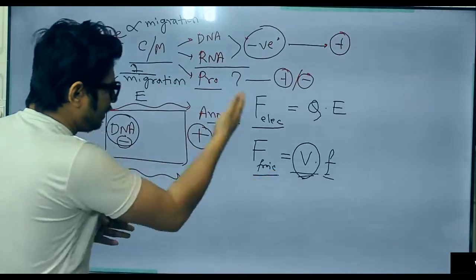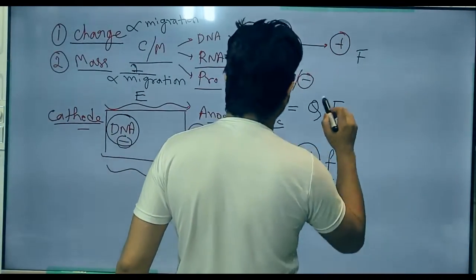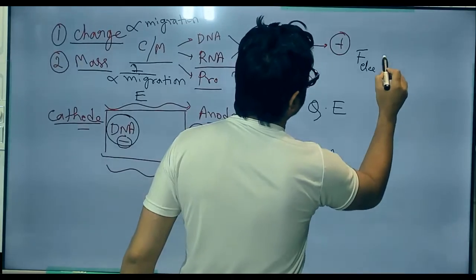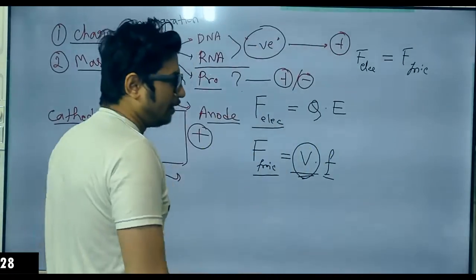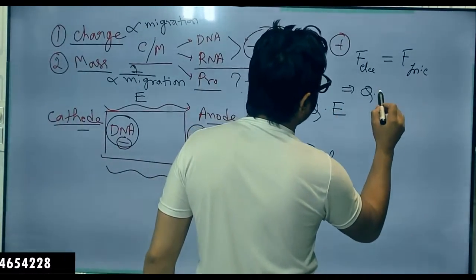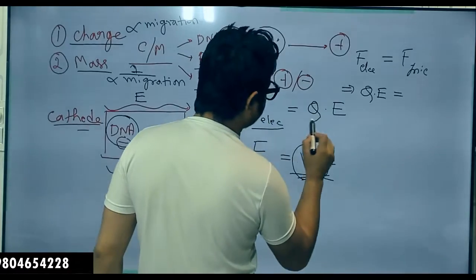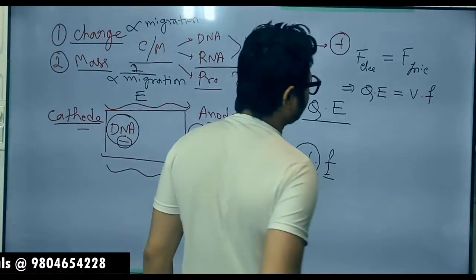So if we make them equal, F electric equals F frictional, electric force equals frictional force, we can write QE, which is F electric's value, equals VF, the frictional value.